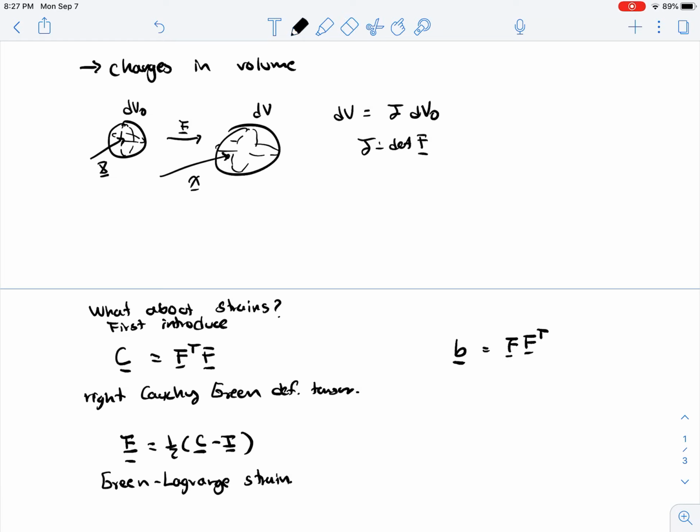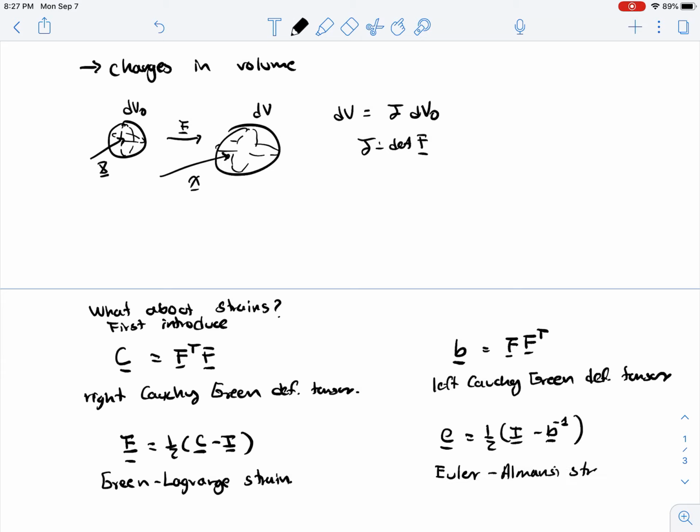And then I also define this B, F F transpose. Hopefully my F's are not confused with E's, and I call this the left Cauchy-Green deformation tensor. And I define this little e, 1/2 of the identity minus B inverse, and I called this the Euler-Almansi strain tensor.